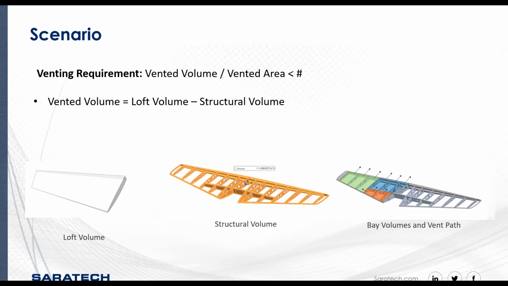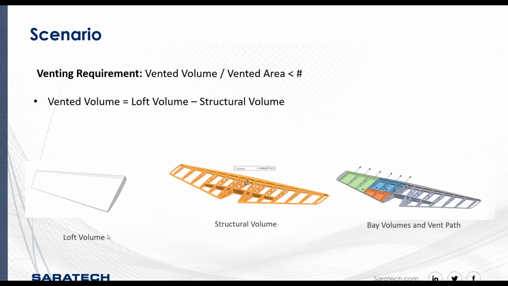So we have a venting requirement, and this is just a piece of the puzzle here. The requirement we're working on is what your vented volume is in reference to your vented area. So these are the cross-sectional areas between the bays, and it's also the holes on the outside of the structure as well. So everything gets vented outside there. So the vented volume is referring to the loft volume minus the structural volume.